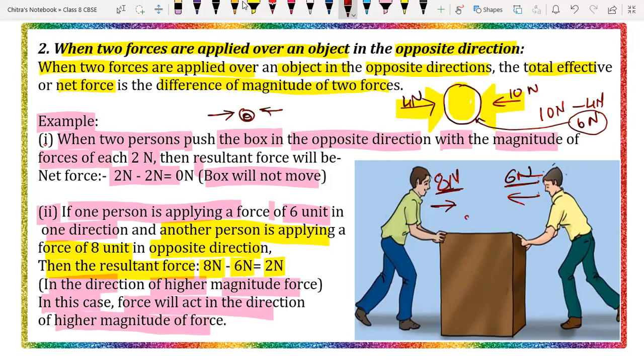The difference of both forces will be 2 Newton, so 2 Newton of resulting force is applied in the direction where more force is applied. The net force applied on that object will be 2 Newton, in this direction. So this is all about the magnitude of the force.